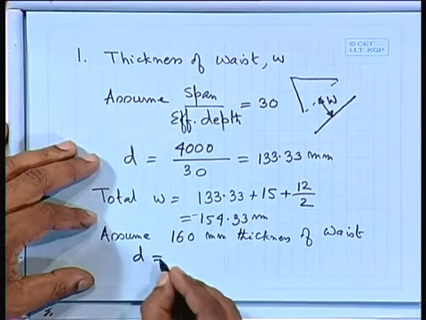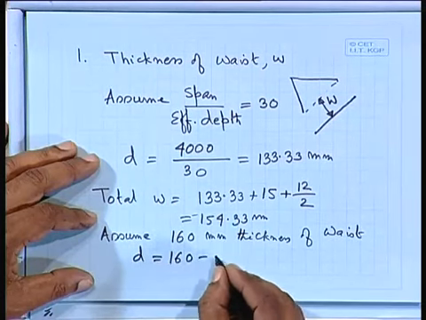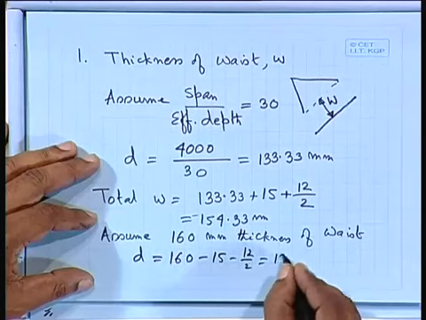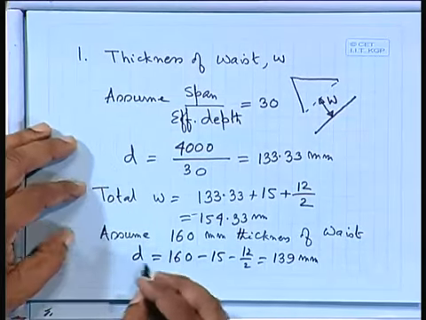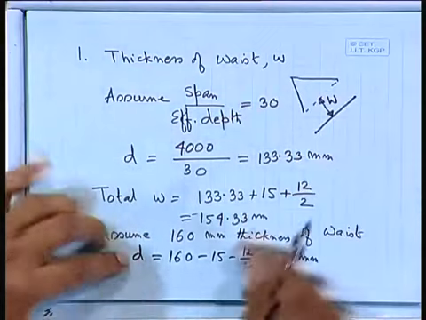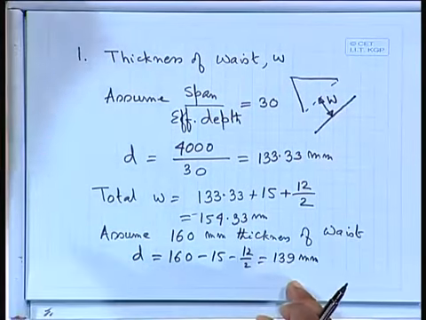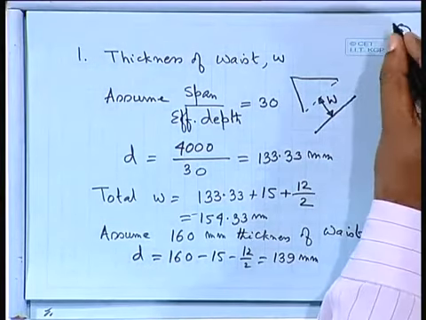So D will be equal to 160 minus 15 minus 12 by 2, which comes as 139 millimeter. We have computed this D, and finally we are providing 139 millimeter.